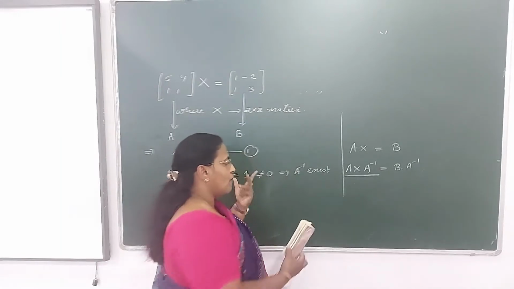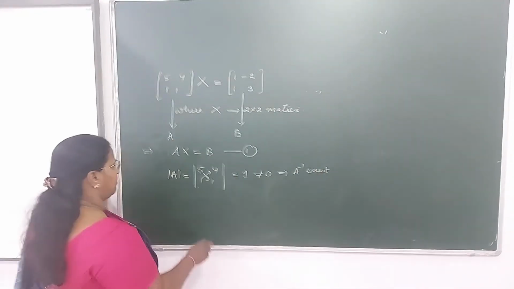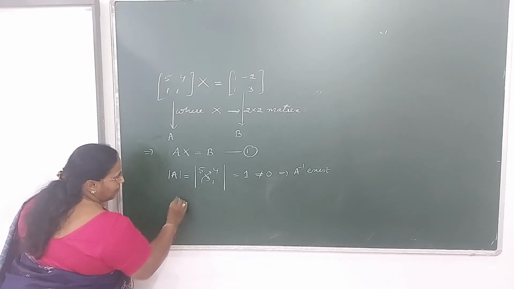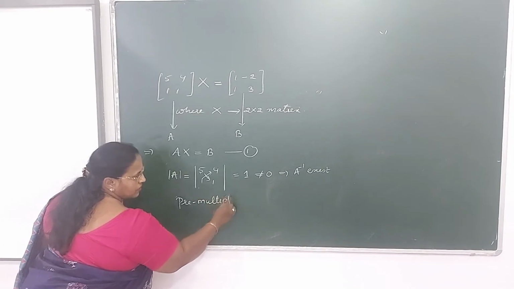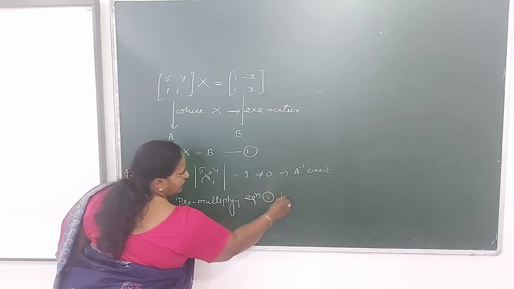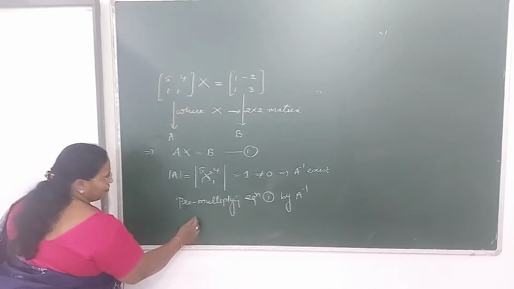Okay? So now what to do? We'll go for pre-multiplication. So here, pre-multiplying equation 1 by A inverse, what we will get?